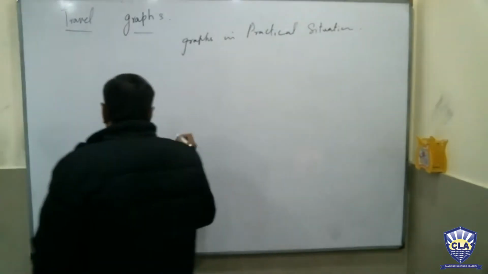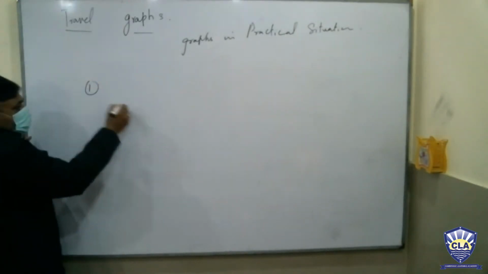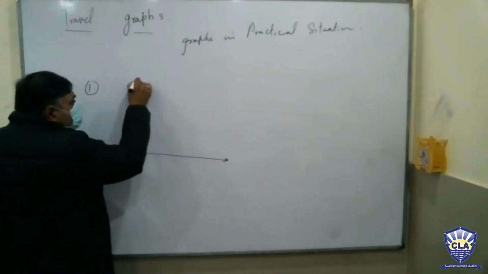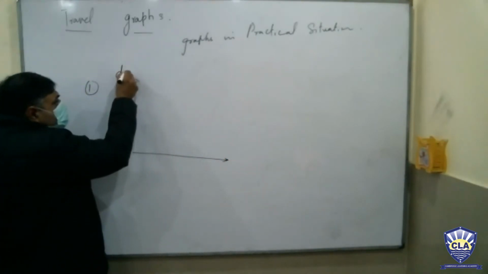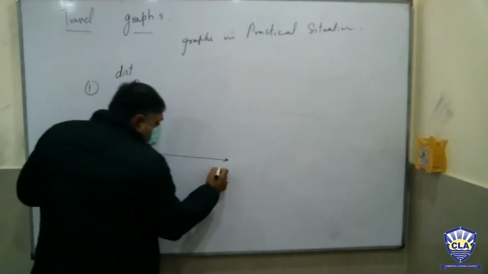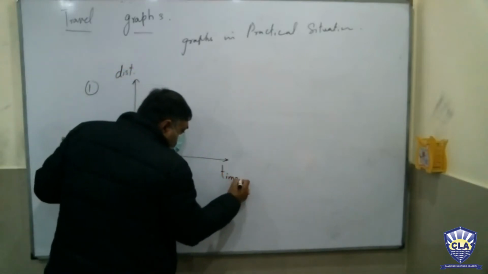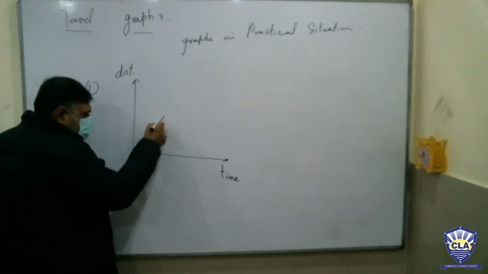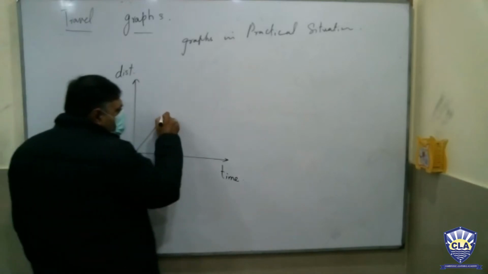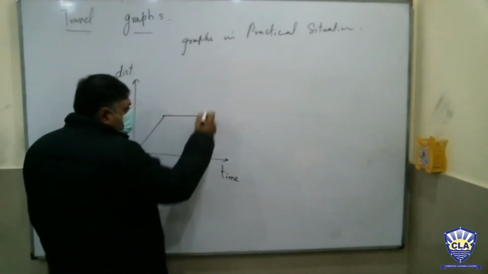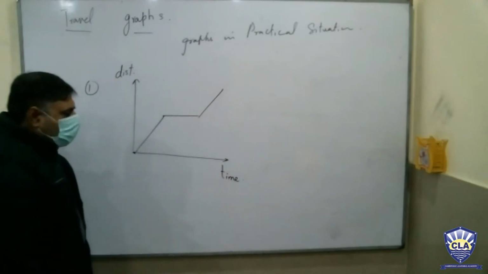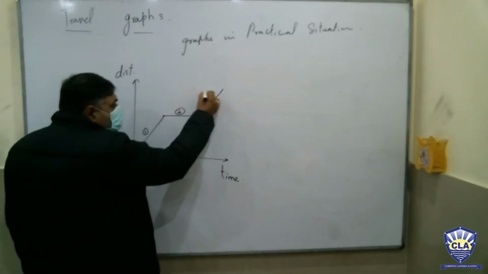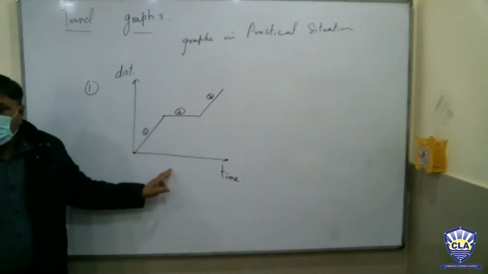Okay children, number one graph, it is a distance time graph. Distance on the y-axis and time on the x-axis. There are three situations, 1, 2, and 3. It is a distance time graph.